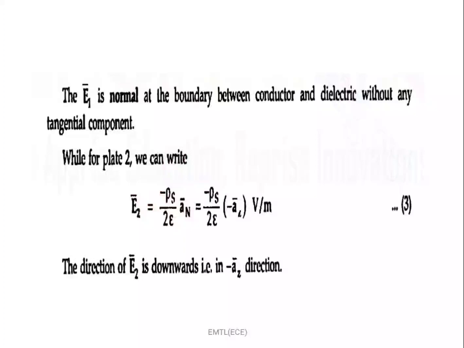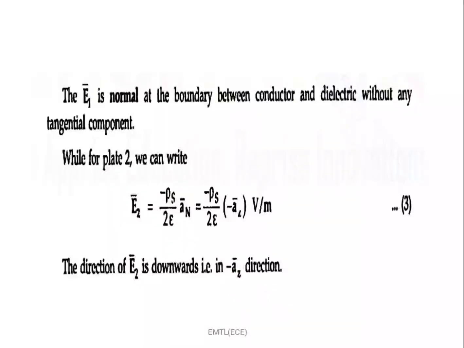Here the a n bar vector is taken as minus az bar. Why? Because for plate 2, the direction of the electric field intensity E2 bar is downwards. That means it is opposite to the positive z direction, that is, it is along the negative z direction.